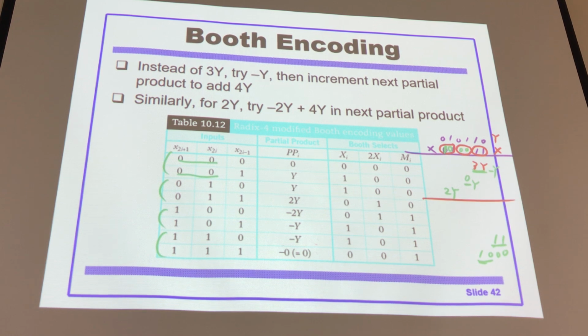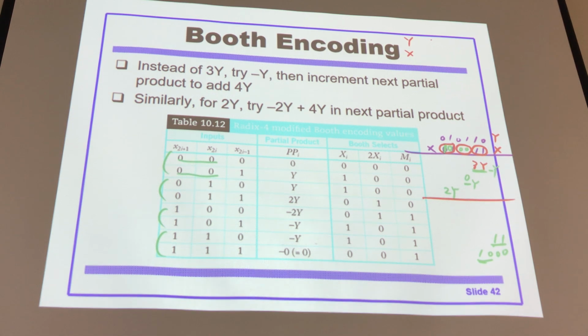Any question? Maybe this will give you an even larger number. Okay, let's try to. Y is x. Multiply.